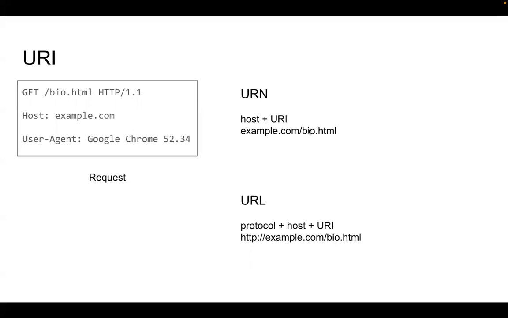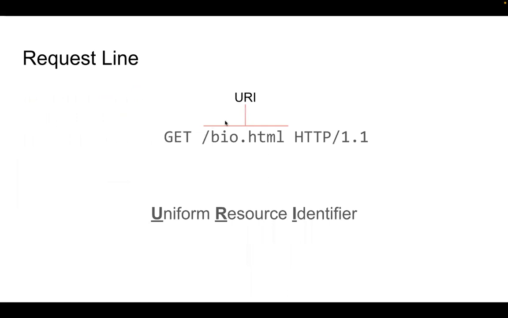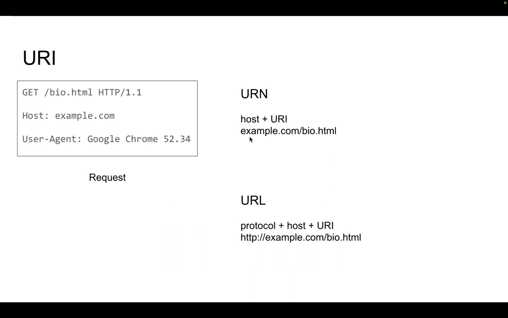So everything after the slash is considered a URI. So if you're trying to pull just this one HTML page, all you have to do is get slash this, and then you can put the host as whoever the host is. So here you're getting the actual resource or page that you're looking for.